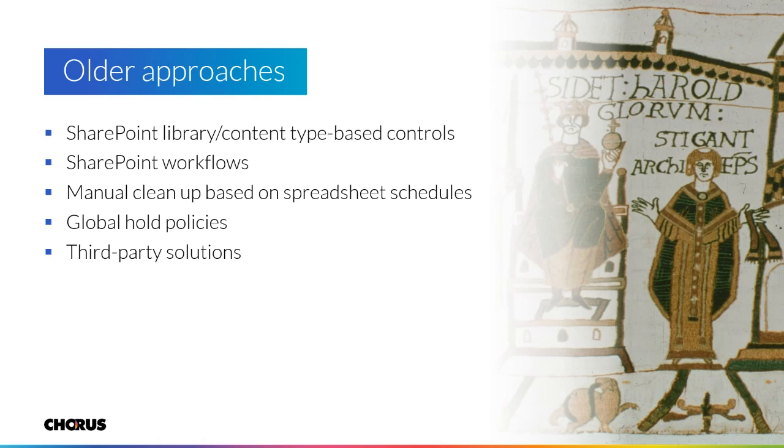So we'll have spreadsheet schedules and people will be going through and deleting documents on specific dates. Global hold policies are another one that we see that I'd be keen to see the back of. That's basically preserving absolutely everything in your Microsoft 365 tenancy for 5 years or 7 years or 10 years. And then there's obviously a whole host of third-party solutions as well.